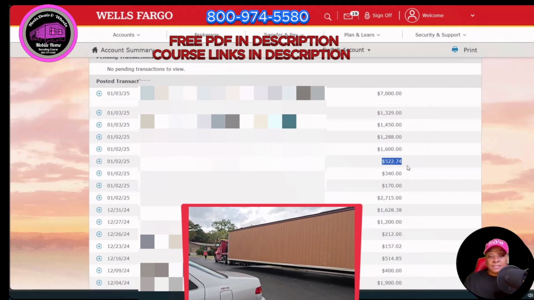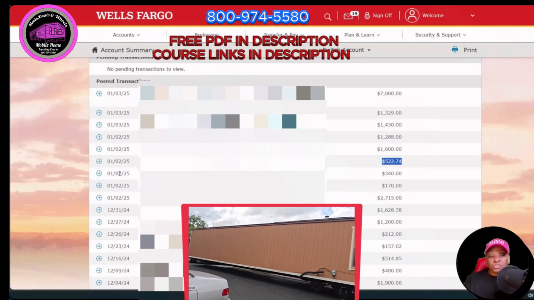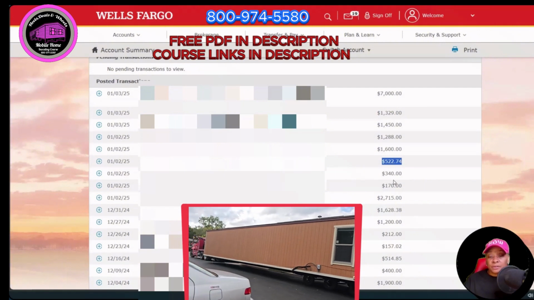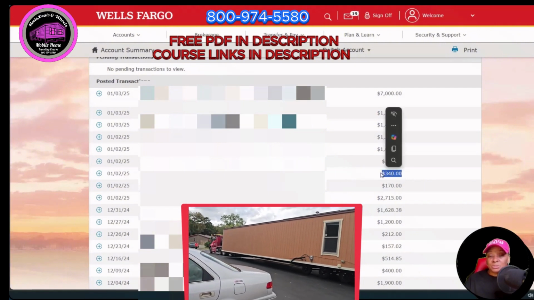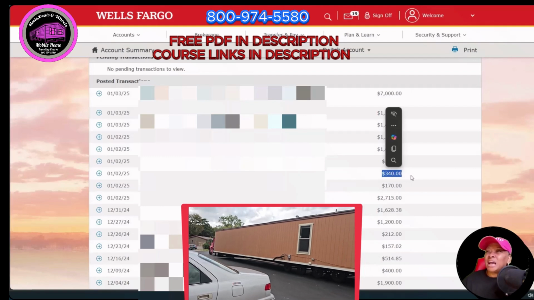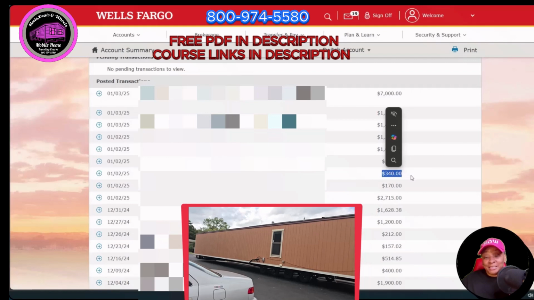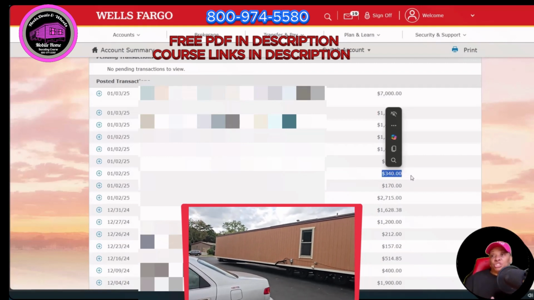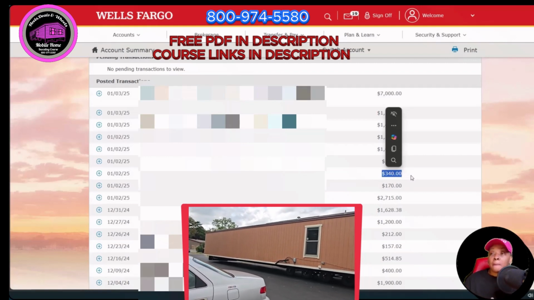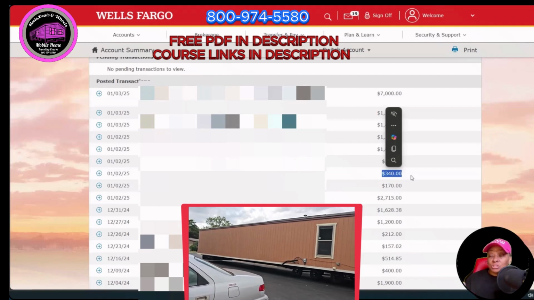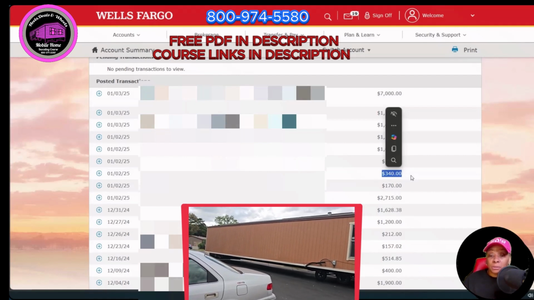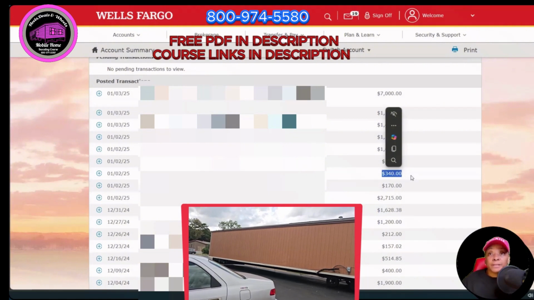Okay, let's continue on. January the 2nd, 2025. What do we got here? Kelly, what is this little dollar amount? $340. What is that? Okay, I'm going to tell you what that is. This is a Section 8 tenant as well. This Section 8 tenant is responsible for $340 of her rent.